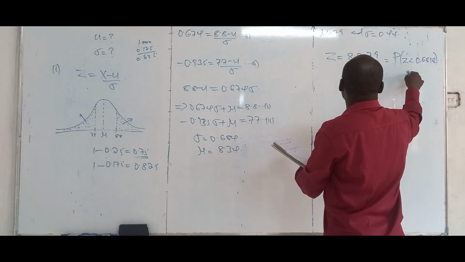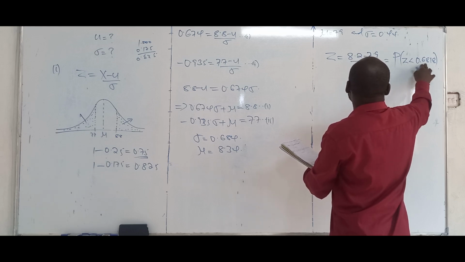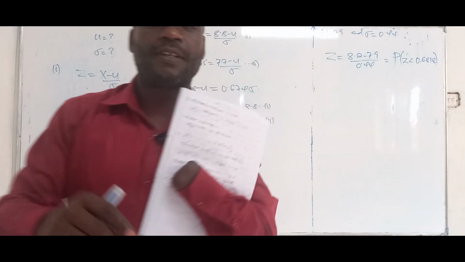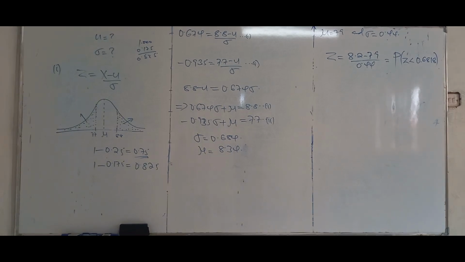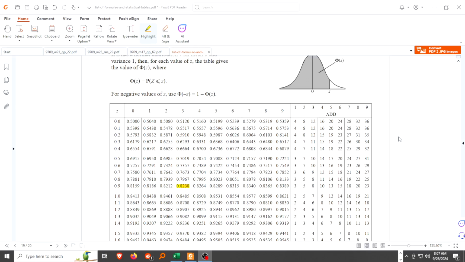We read that corresponding probability from the table, for a Z of 0.6818. We are told the probability that Z is less than 0.6818.